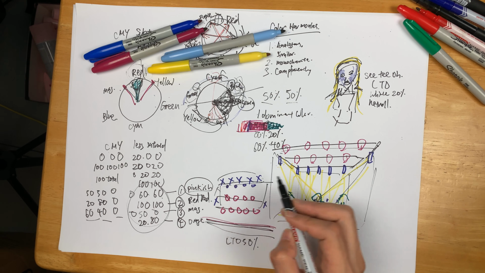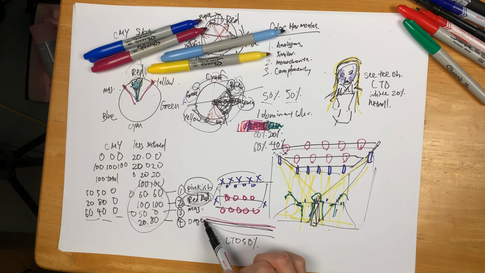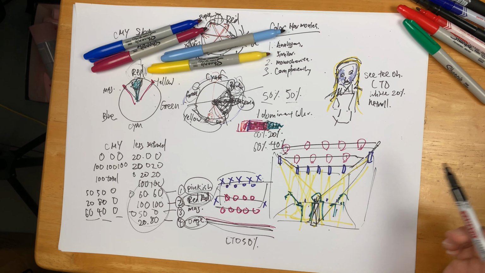Because they are on stage, I would want to use the reds for the washes, the wash beams. So 1, 2, 3, 4, 5, 6, 7, 8, 9 wash beams can be a mix of this red and this orange.